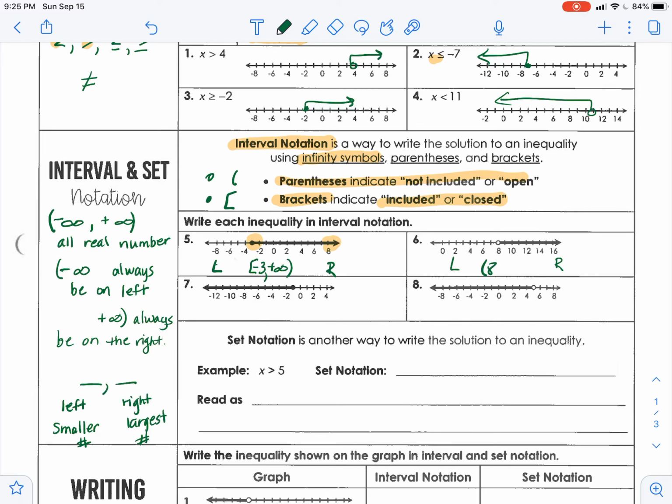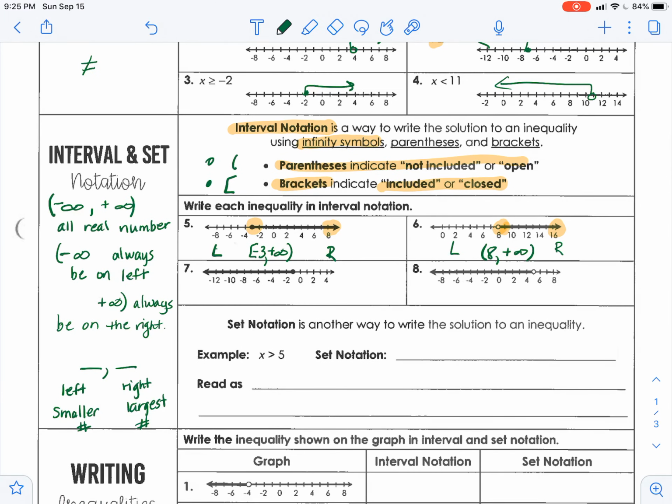It's at 8, and it goes to positive infinity. So anytime your arrow goes right, guys, that always means positive infinity. So open at 8, parenthesis at 8, positive infinity. Okay, I'm going to give you just a minute. I want you to think about what it might look like here.